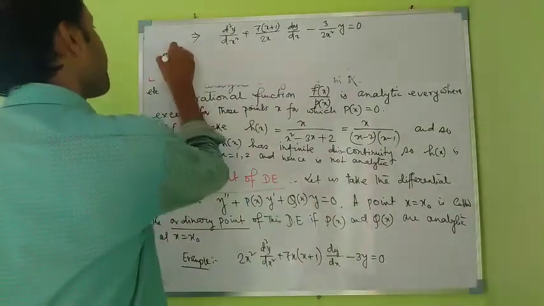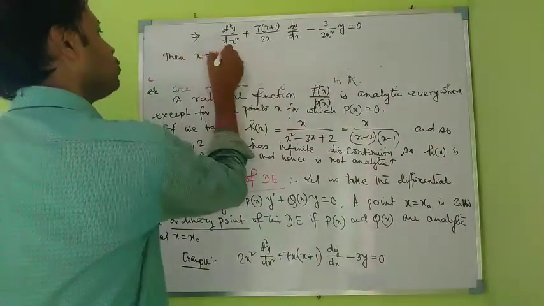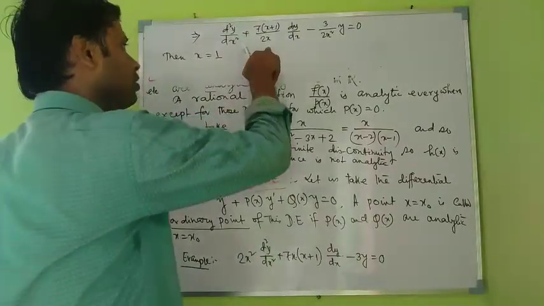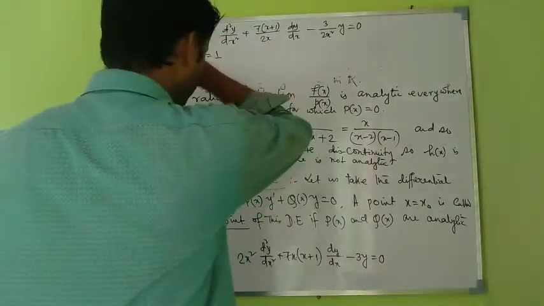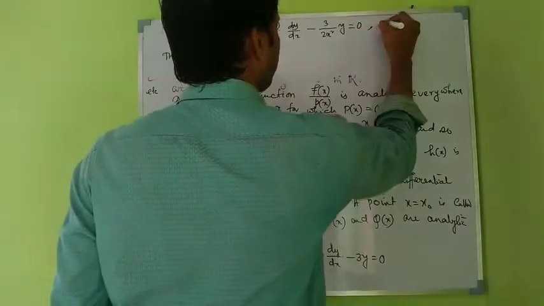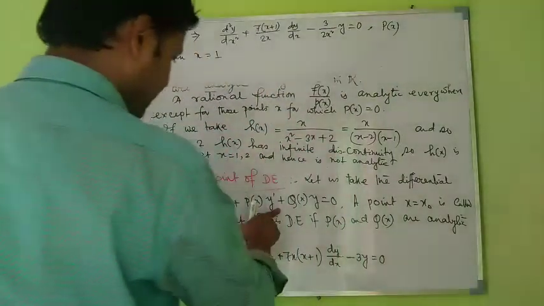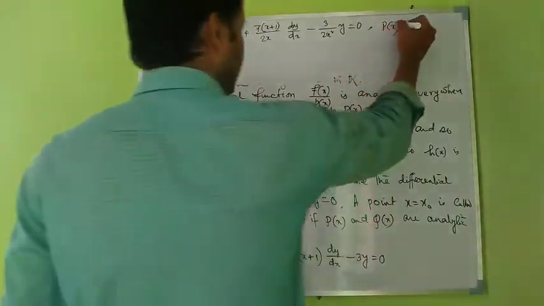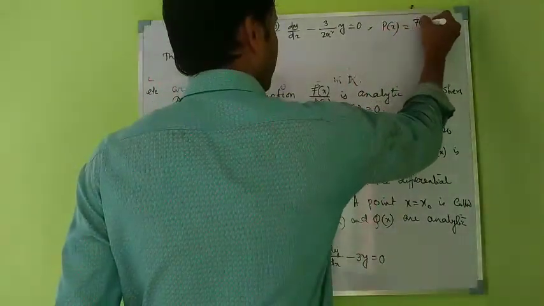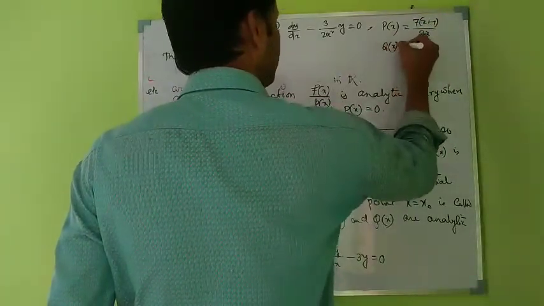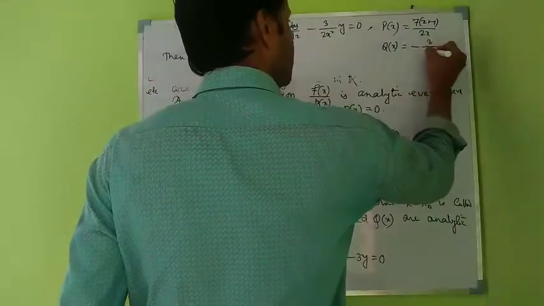Then x is equal to 1. If we take x is equal to 1, then there is no discontinuity at x equal to 1. So if we compare, p(x) is equal to 7 into (x plus 1) divided by 2x, and q(x) is equal to minus 3 by 2x square.